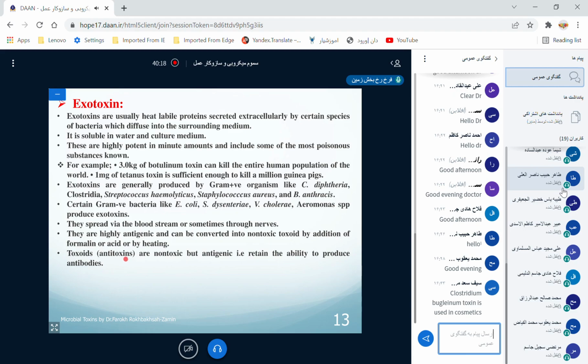Toxoids are non-toxic, so it is good. If they were toxic, it would not be good. They are also antigenic, so they can activate the immune system. Both are good. Toxoids are non-toxic but antigenic, and retain the ability to produce antibodies.